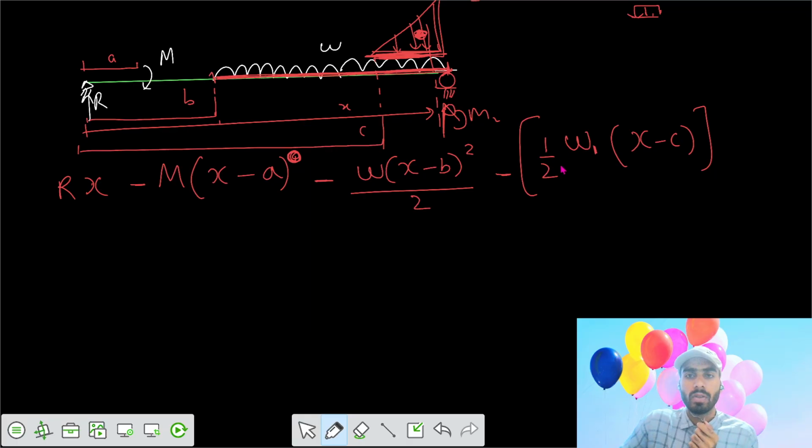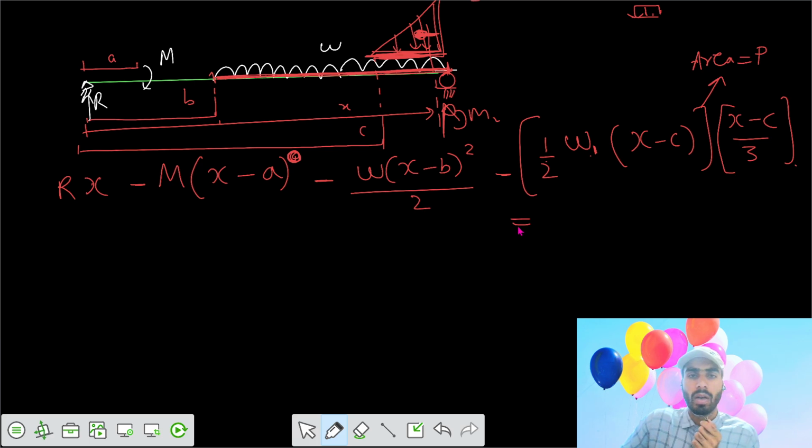Then you have to multiply it with X by 3 where the centroid is acting. So we can write X minus C by 3. So we got the equation.